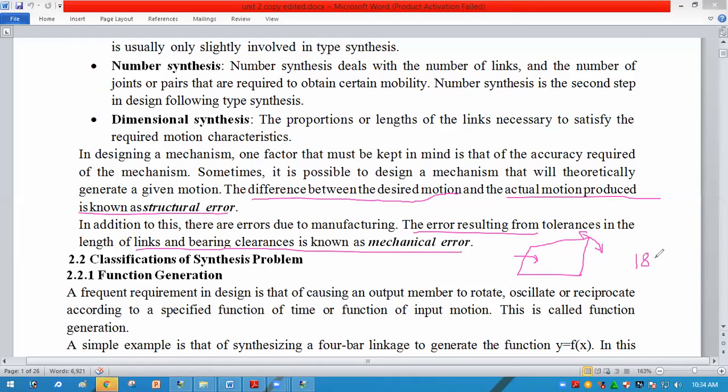For example, we cannot produce exactly an 18 mm diameter shaft or rod, so there will be a plus or minus 0.05 tolerance limit. If the dimension is within this, it will be accepted. So the error resulting from tolerances in the length of links and bearing clearances is known as the mechanical error.